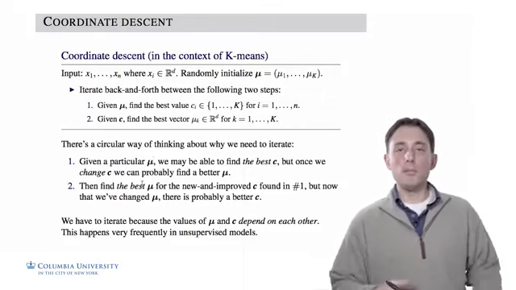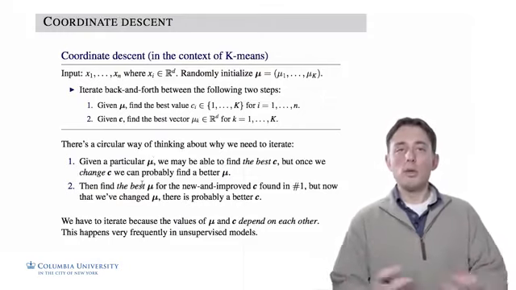Similarly, if we find the most optimal setting for mu, given a particular setting for C, we've now changed mu, and so there's possibly a better C. So it's a circular way of thinking: every time we optimize a variable in the model, it's only optimal for the setting of the other variables.